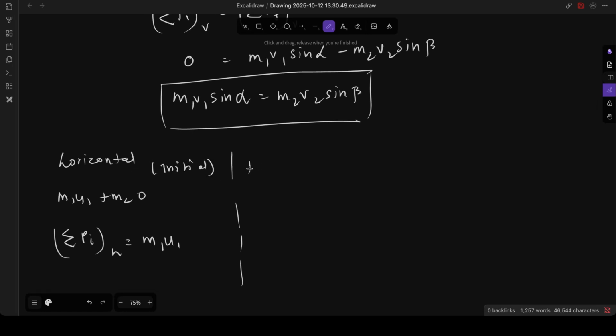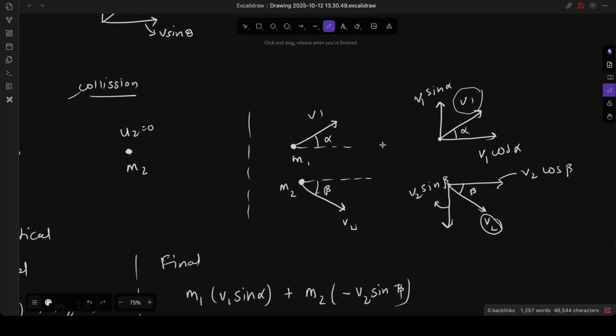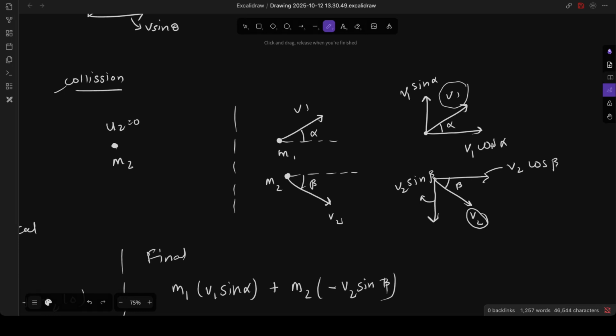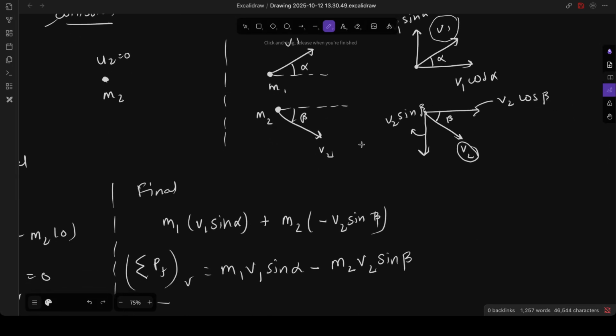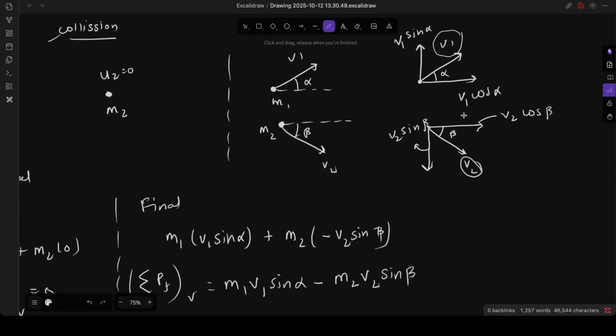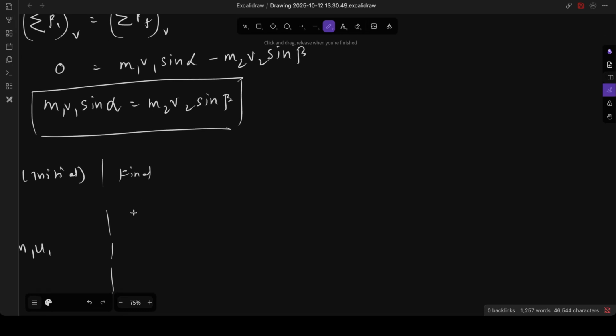Now if I go to final, I can see that m1 v1 cos alpha is in this direction, and m2 v2 cos beta is in this direction. They both are individual, so we should add them. So I'll get m1 v1 cos alpha plus m2 v2 cos beta.